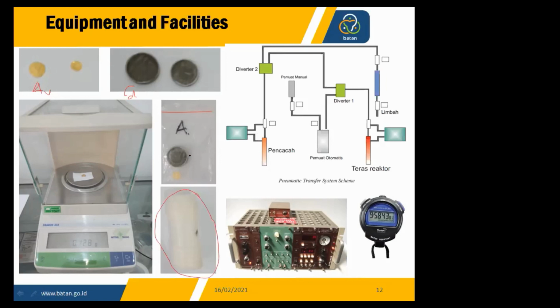Before that, we prepare two types of gold. The first one is the unwrapped gold, and the second one is the gold wrapped with the cadmium cover. After that, we put the sample in the pneumatic capsule.